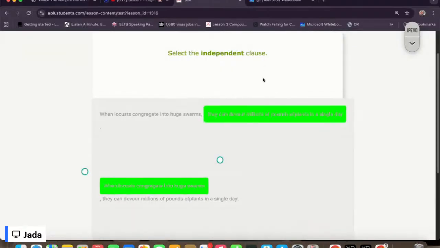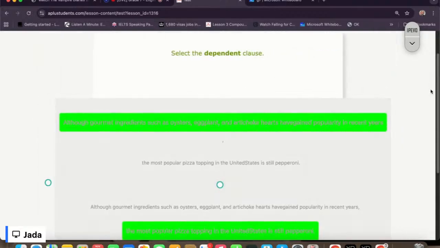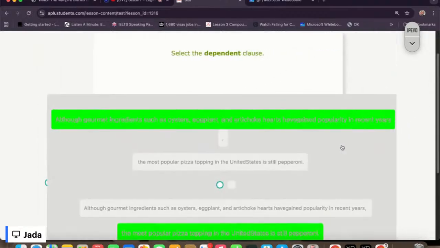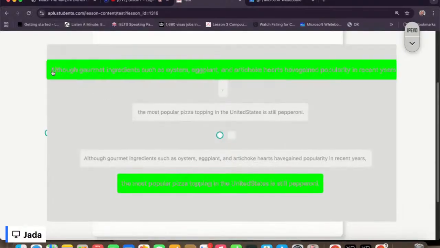All right, so the independent, we have the first one. So dependent clause: although gourmet ingredients such as oyster, eggplant, and artichoke hearts have gained popularity in recent years, the most popular pizza topping in the United States is still pepperoni.